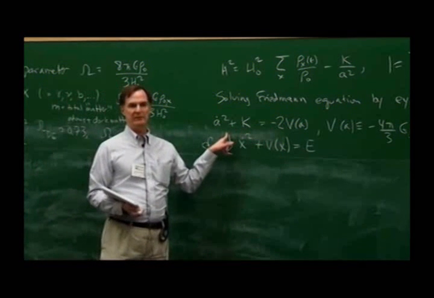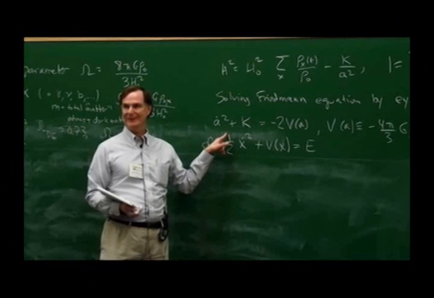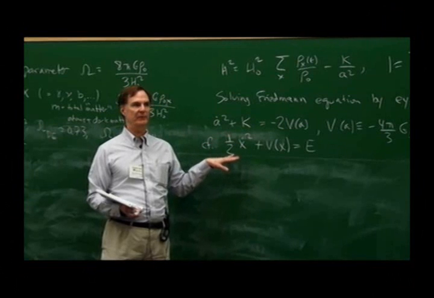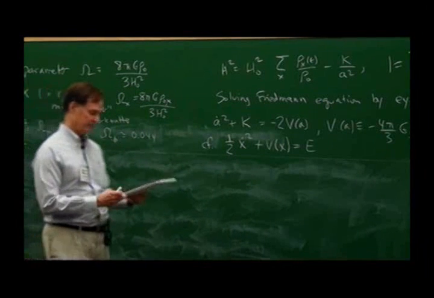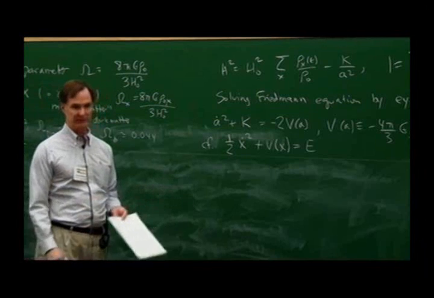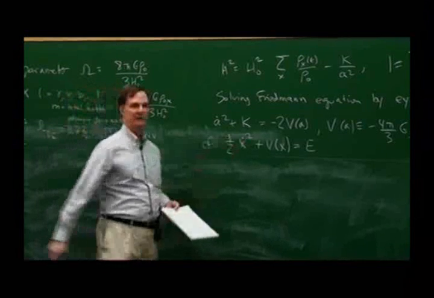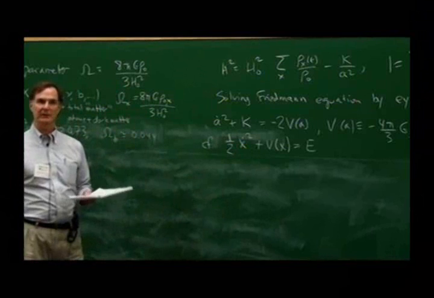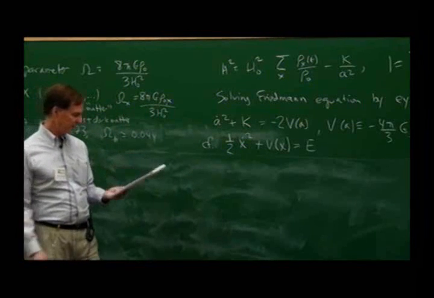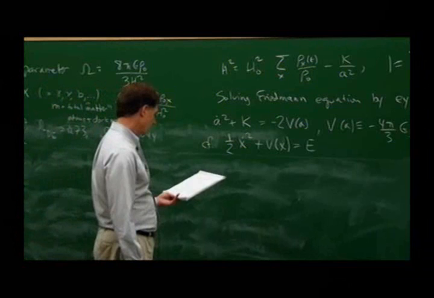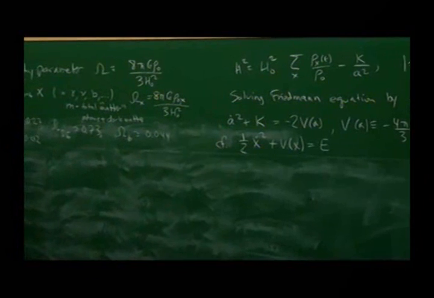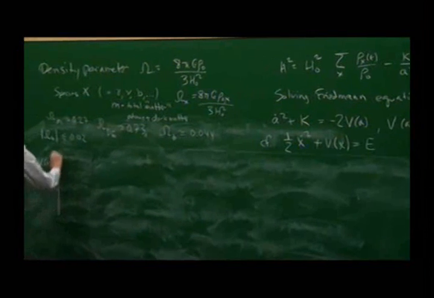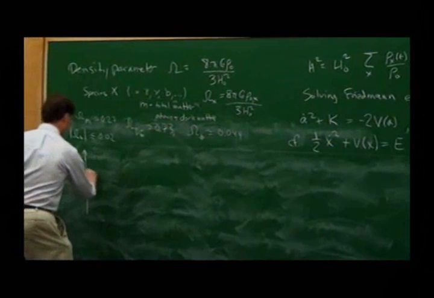So this equation for the Friedmann dynamics has exactly the same form as that of an effective particle in an effective potential in Newtonian mechanics. And you know how to solve these. You make a graph of the effective potential and look at lines of constant energy, look at the existence of turning points and at the initial conditions. So I'm going to make a graph here of this phi of A for 2 common cases.